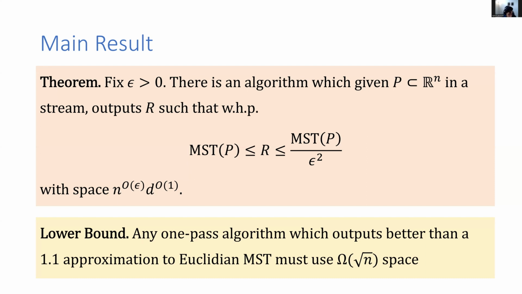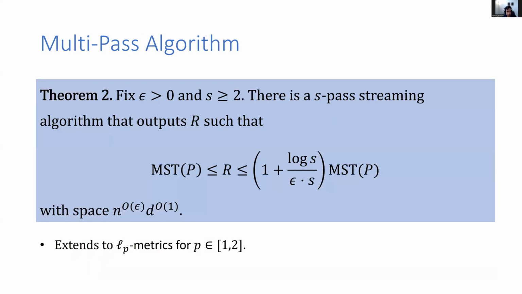But despite the fact that we cannot get arbitrarily good approximations in a single pass over the stream, we show that if you're allowed multiple passes, we can actually break this lower bound and get arbitrarily good approximations. So all the results on the prior slide were for single passes over the stream. Now, if I allow you any s greater than or equal to 2 passes over the stream, I can actually output an approximation that gets a 1 plus log s over epsilon times s multiplicative approximation to the MST cost, using the same amount of space as before, n to the order of epsilon.